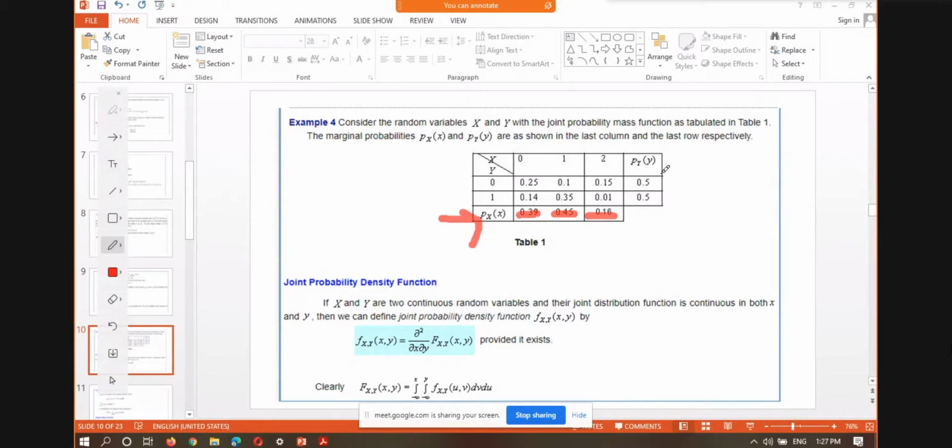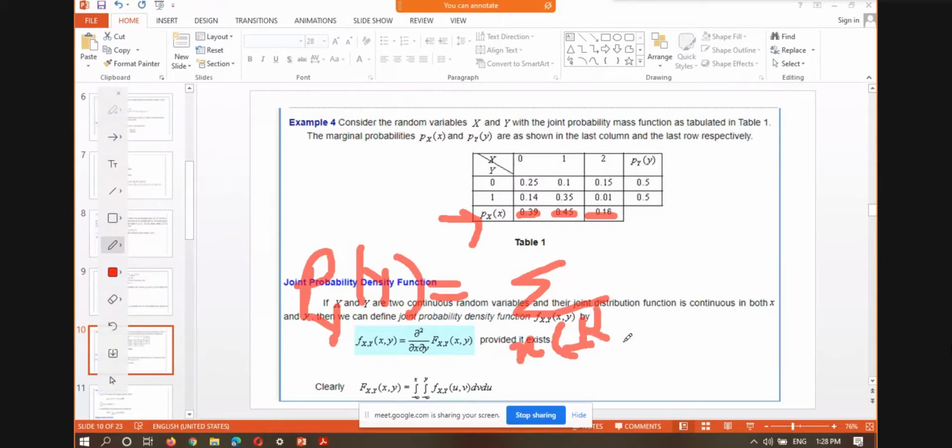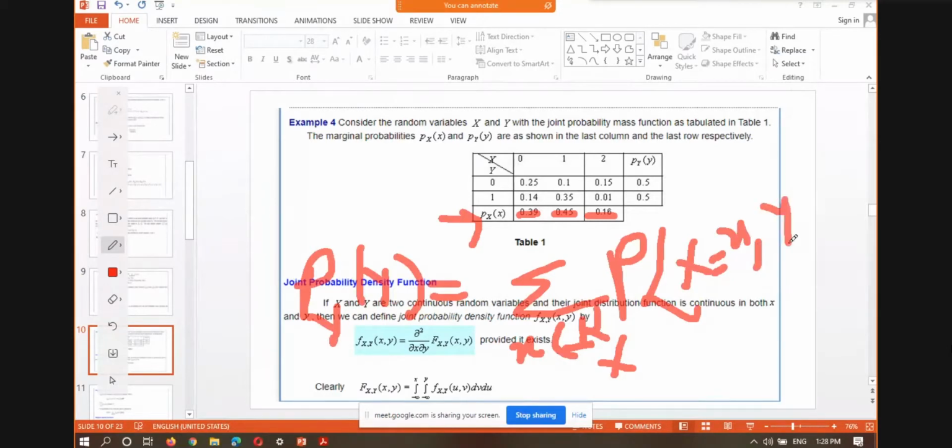So this is the value given here for the marginal probability mass function pX(x). Similarly for y also you can do. So for y it is like this: the probability for y is equal to the summation over all x belonging to Rx of the probability that X equals small x and Y equals small y. But here, since we are calculating for y, this y is replaced by the value.